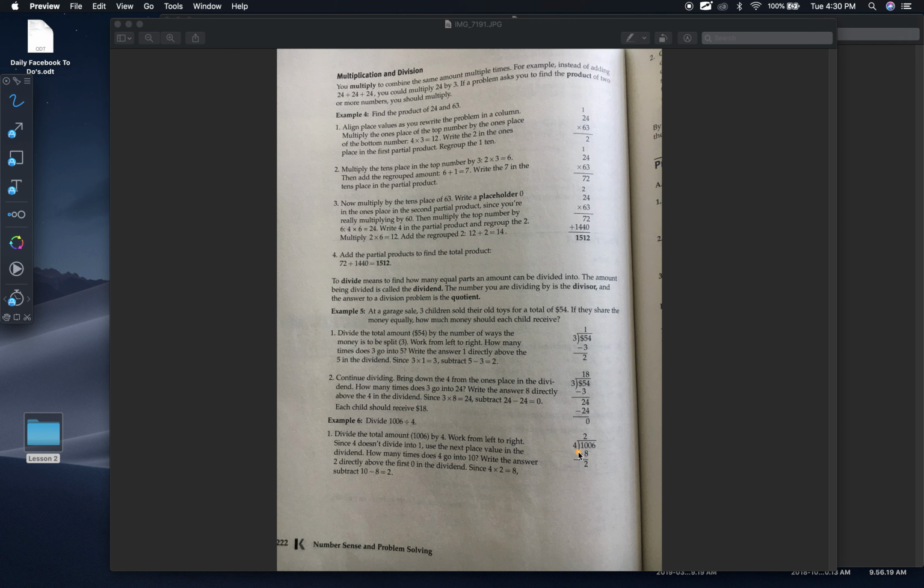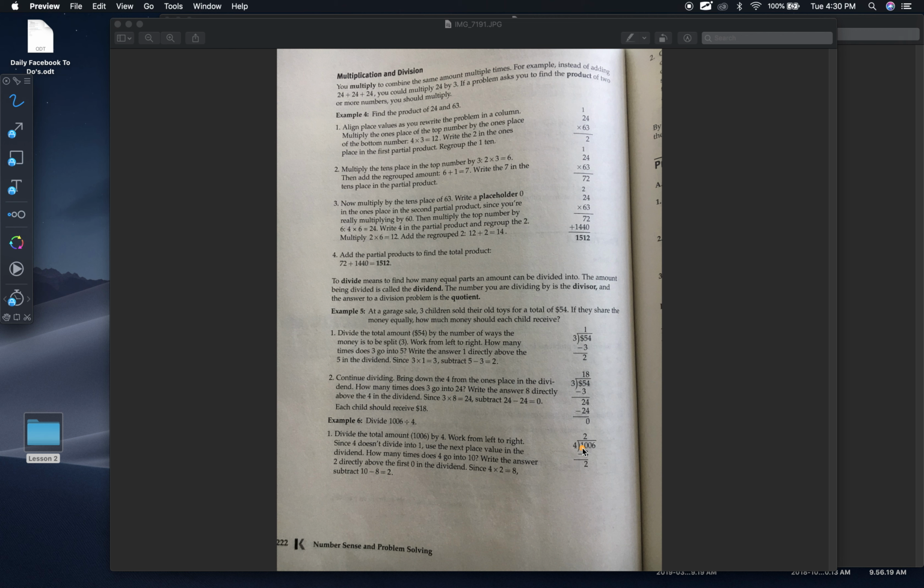So like I had said before, since 4 does not go into 1, you then have to use this number 0 to make it a larger number. So 4 goes into 10 2 times. 2 times 4 is 8. So we put the 8 here.